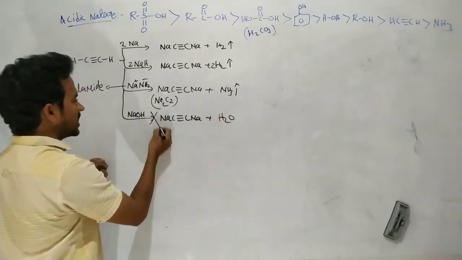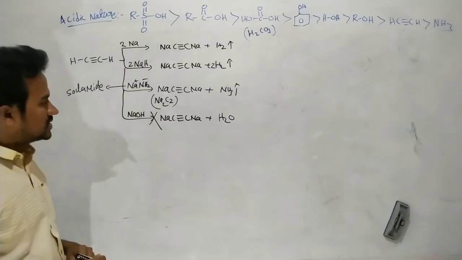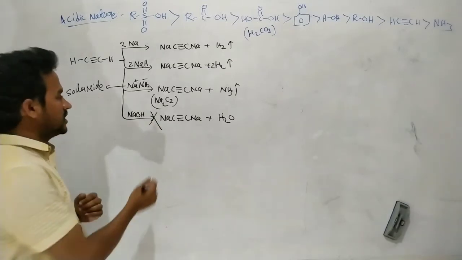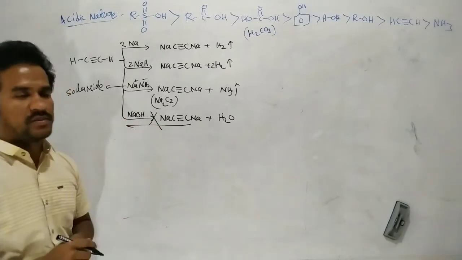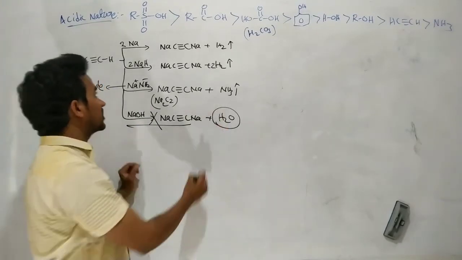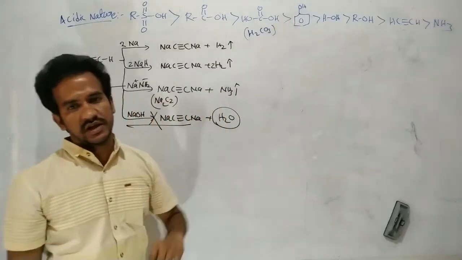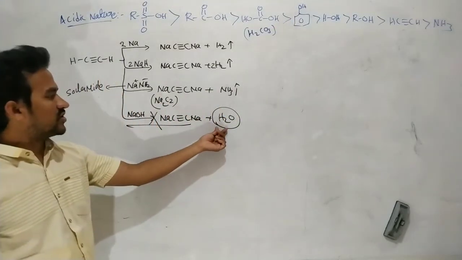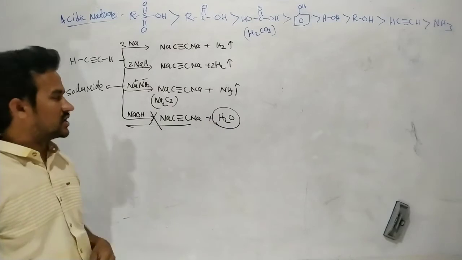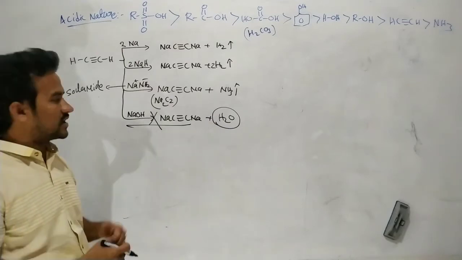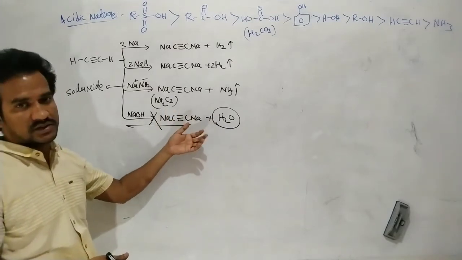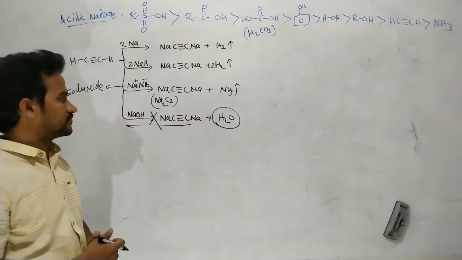But this reaction is not possible. It is not a forward reaction; the backward reaction takes place. Why? Because H2O is more acidic than acetylene. Since H2O is more acidic, the rate of the backward reaction increases, and the forward reaction does not take place.